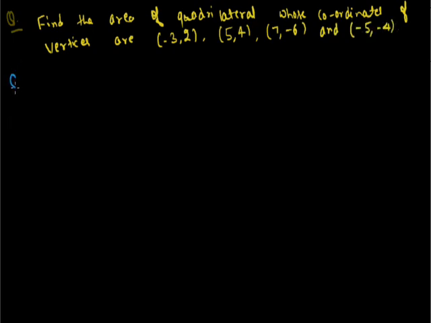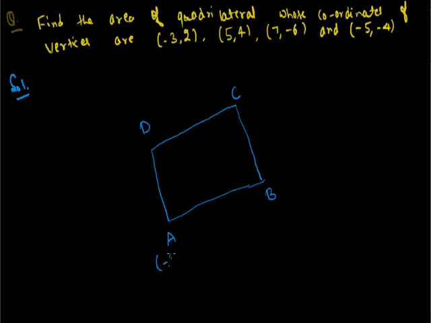Now we have to find the area of quadrilateral. Now let this be quadrilateral ABCD. A coordinate is (minus 3, 2), B is (5, 4), C is (7, minus 6) and D is (minus 5, minus 4).